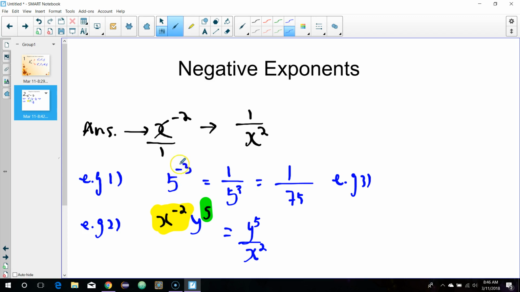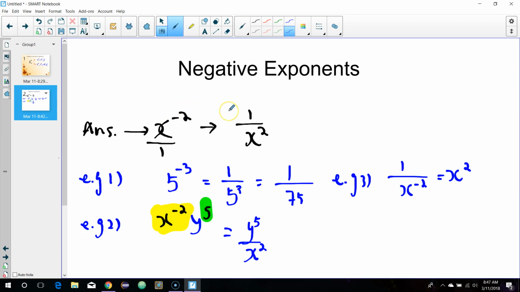Now, what if, I'm just going to carry on using the negative 2, you get to an answer, you get x to the power of negative 2. And I said earlier, when we get to the answer, we do not want the negative exponents. And in this scenario, you do have one. What are you going to do? What you do is, you basically move it up.